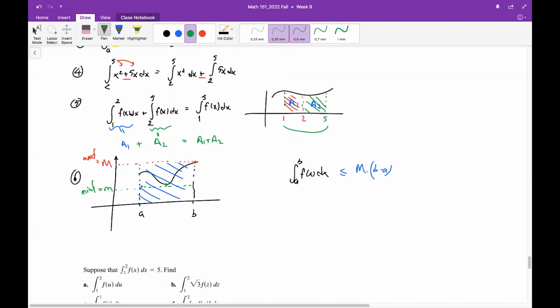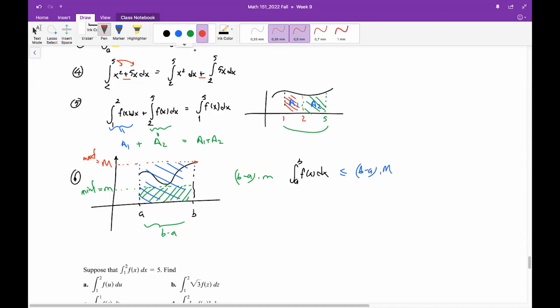And now let's consider the area of this smaller rectangle, which is again b minus a. Sorry, let's put it like b minus a. This green rectangle has this area times m. And the blue rectangle overall, the big one, is in fact b minus a times the big letter M.